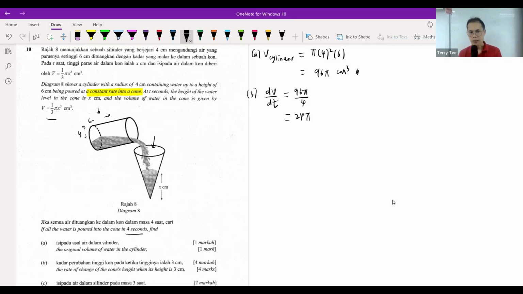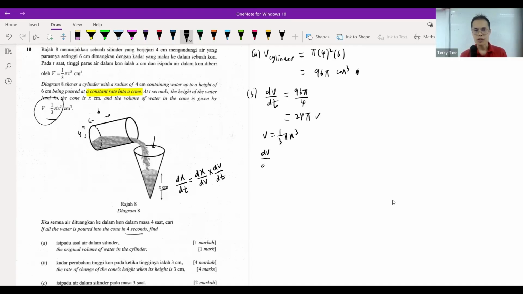Now, I need to find the rate of change of the height of the cone. Height of the cone is x. So you're actually finding dx/dt. To find dx/dt, we have to use the chain rule, dx/dV times dV/dt. I already have my dV/dt. dx/dV I have to find. If we go back to the formula, volume V equals 1 over 3 pi x cubed.